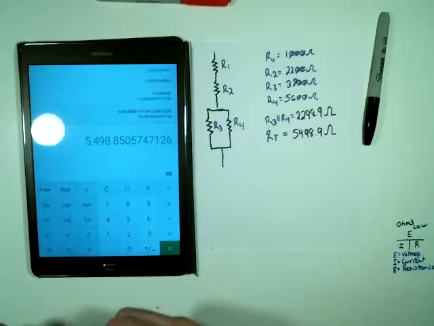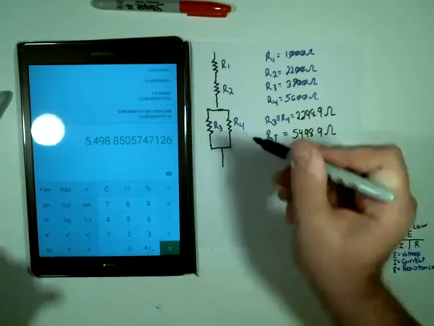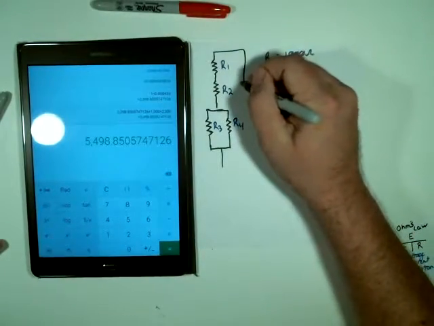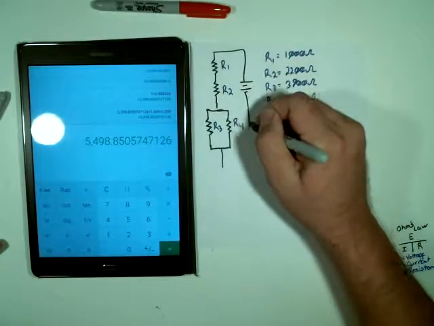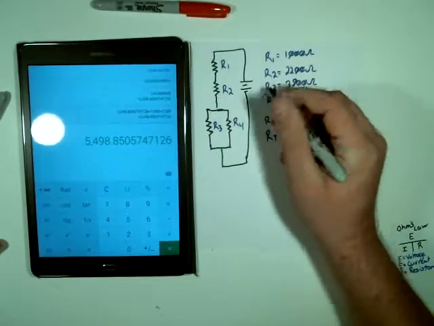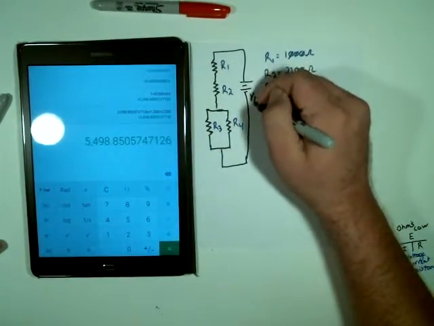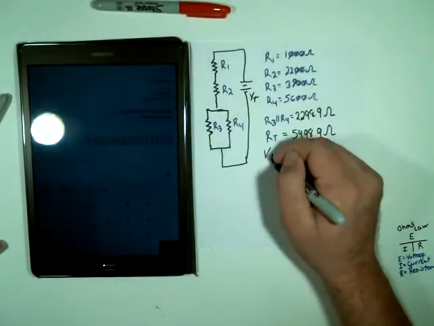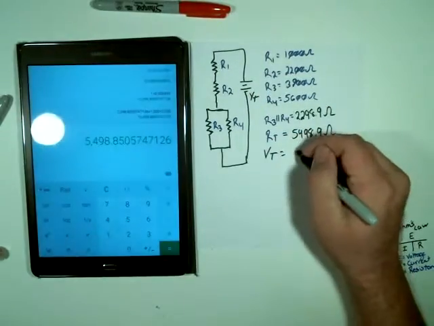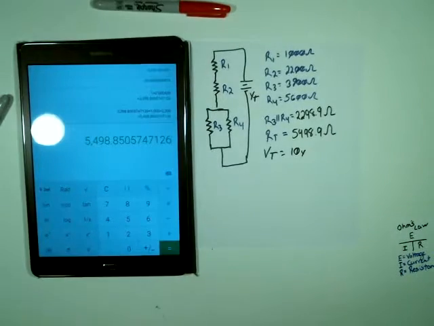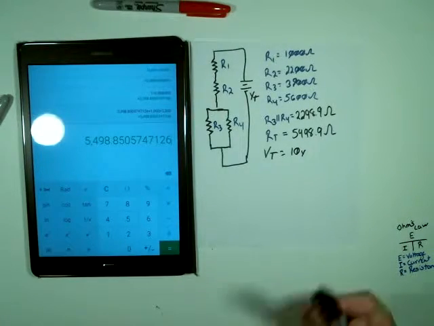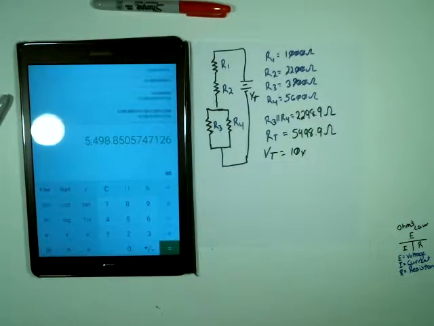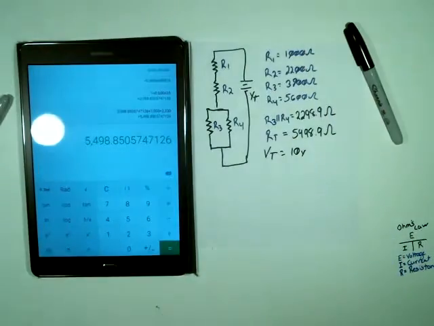Now, if I had power going across the circuit, and VT, let's say it was 10 volts. Now we can calculate total current across those four.